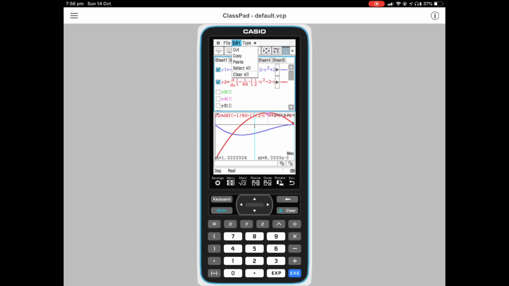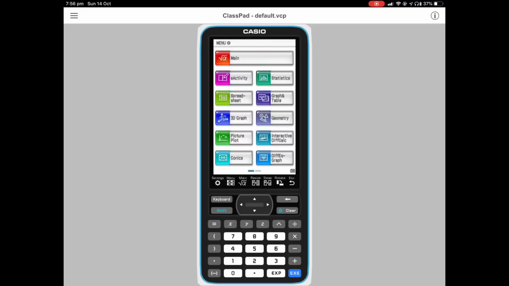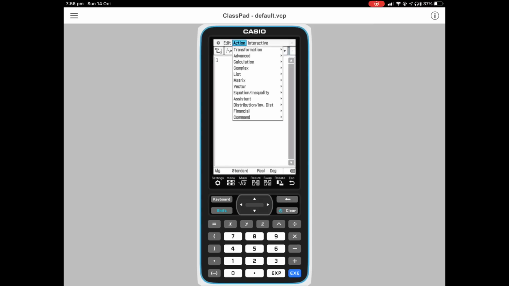Let's select all. Edit, paste. Clear all. Okay, go back here. Edit, select all. Edit, copy. Edit, paste.